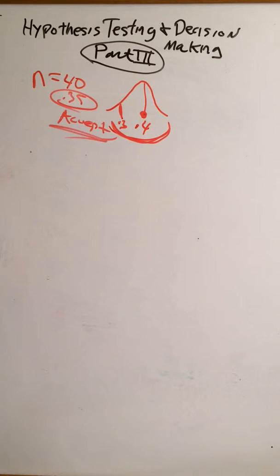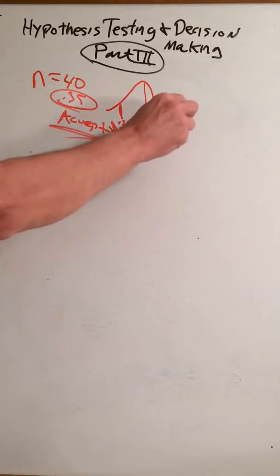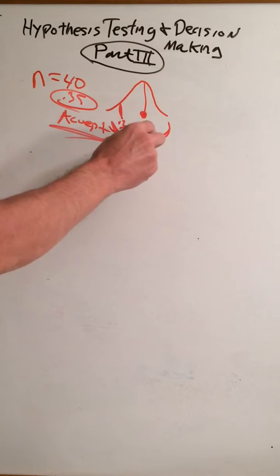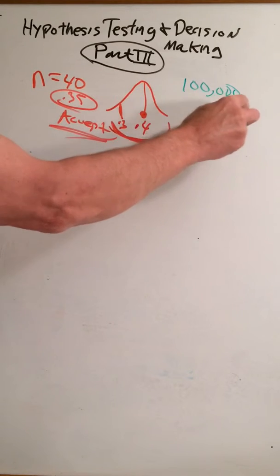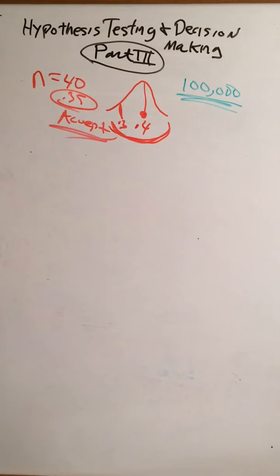Now, what we did in the last video, we started to look at all the possibilities of what this population proportion would be, because that's the key, if we don't know what it is. There's 100,000 people out there. So we did what I call conditional possibilities.